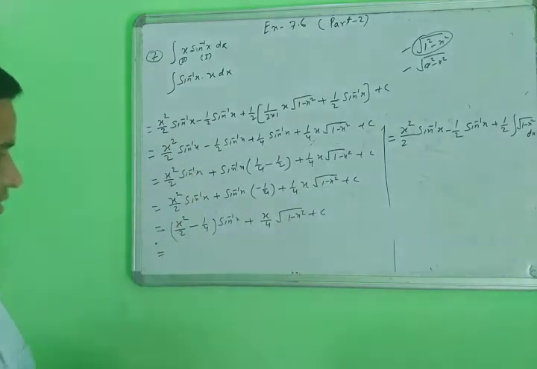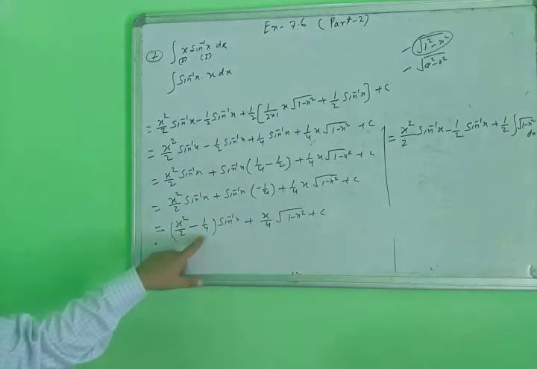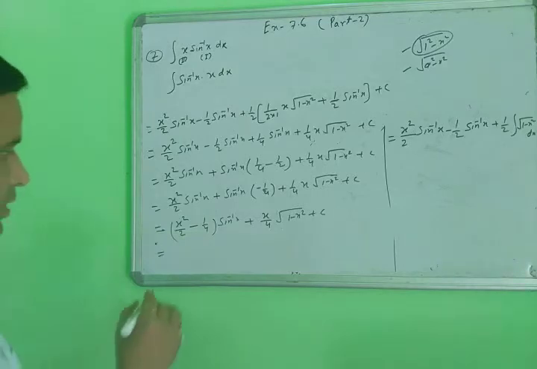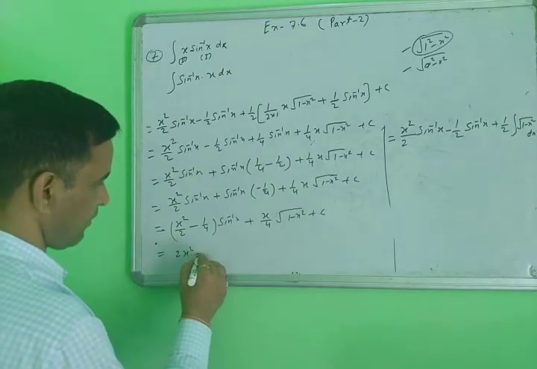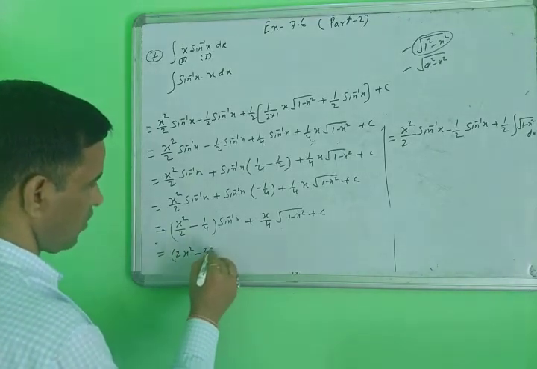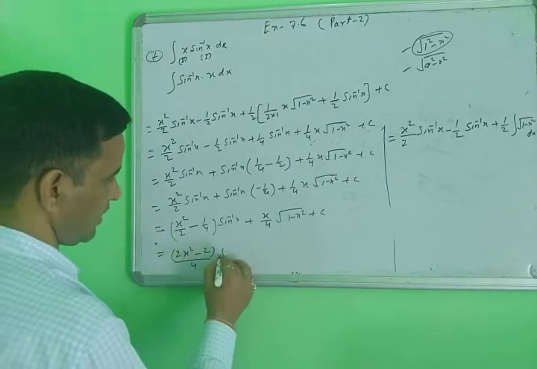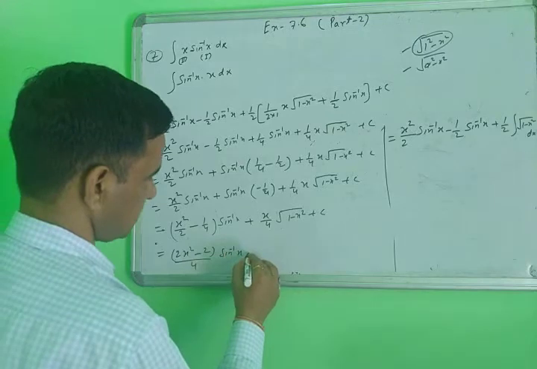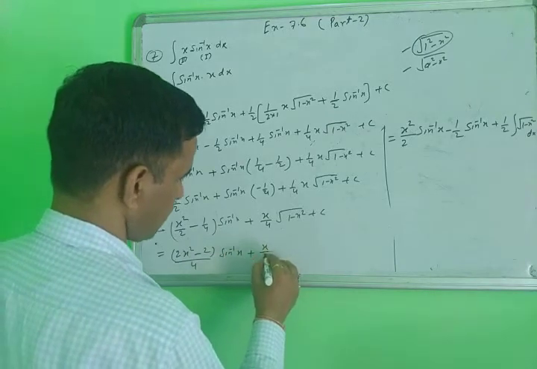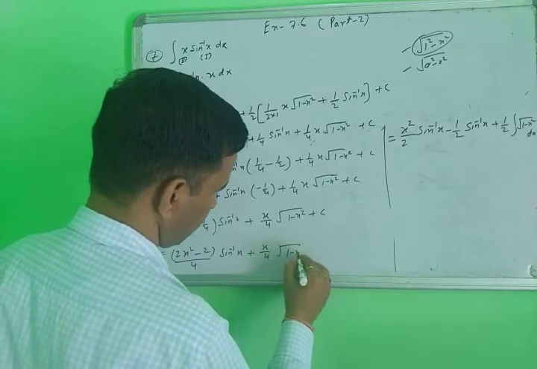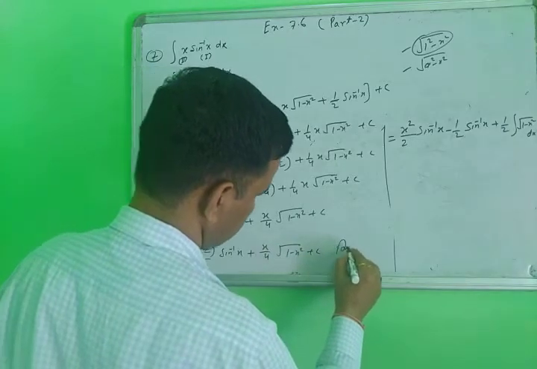What is left here? Taking LCM 4, so 2x square minus 2 upon 4 sin inverse x plus x upon 4 root 1 minus x square plus c. This is your final answer.